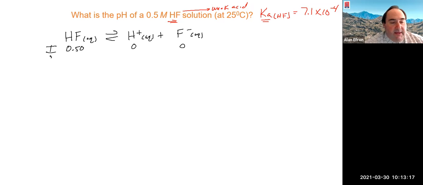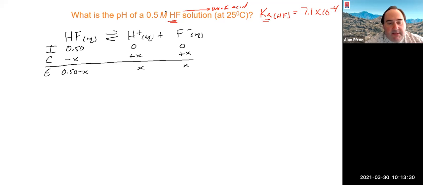We'll go with a change of minus x, plus x, and plus x. And here at equilibrium, we would end up with 0.5 minus x, x, and x. I think there was supposed to be a 0 there. We'll squeeze it in. Any questions on the ice table setup?